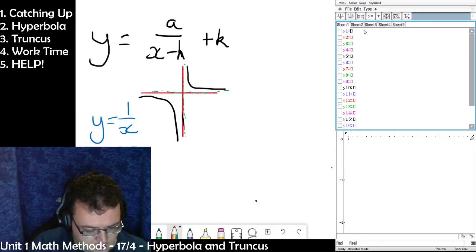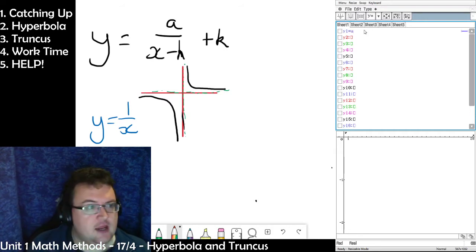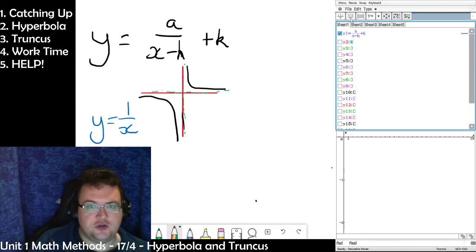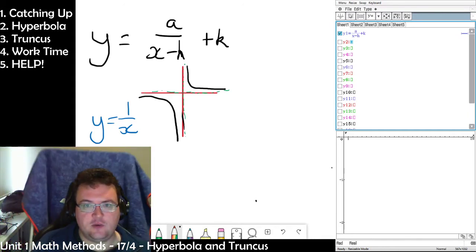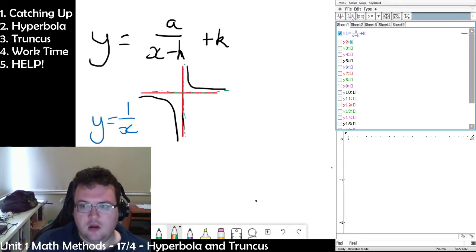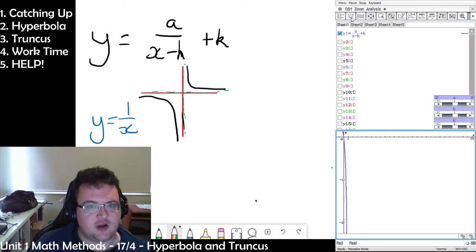So we're going to type a over x minus h plus k. And then we want to create the graph with variables, so we're going to press this button here. I knew that was going to happen. So we're going to press that button there and create some sliders.